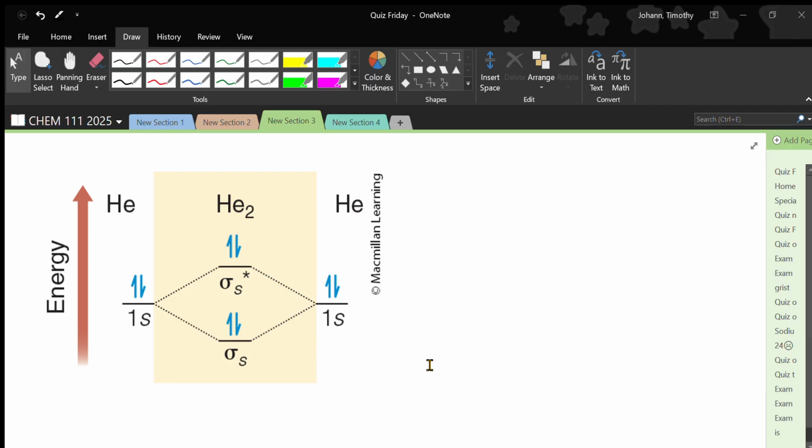Why doesn't He2 exist? Because it's a noble gas, it doesn't want to react, it doesn't want to hang out with anybody, even other atoms like itself. It doesn't want to make any bonds with anybody, even other heliums.